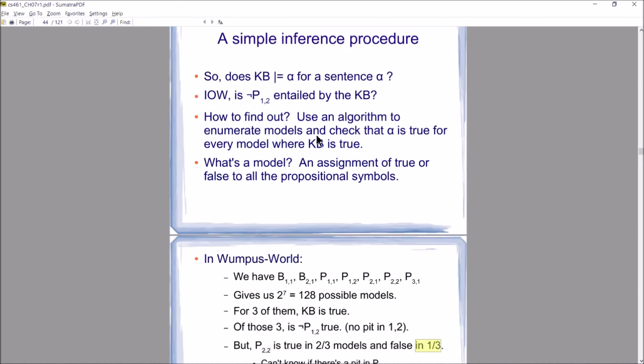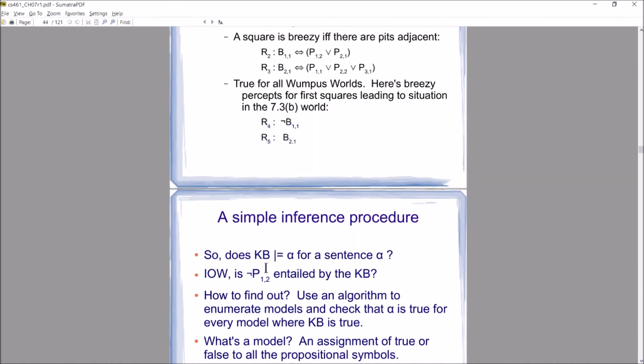So as it turns out, remember I was asking, does the knowledge base entail alpha? Now on the whiteboard, what was I asking? Is there no pit in 1-3? So the knowledge base does not entail that.